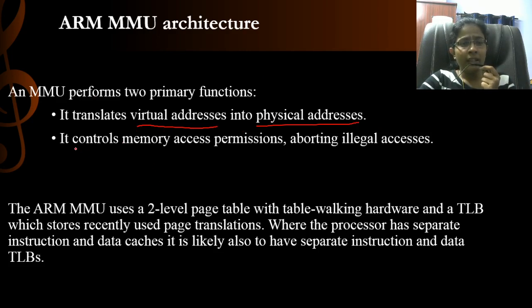The second one is that it controls the memory access permission, aborting illegal access. Illegal access happens whenever a process asks for memory which is not assigned to its particular range. That is controlled by this MMU. This is mainly used for context switching.